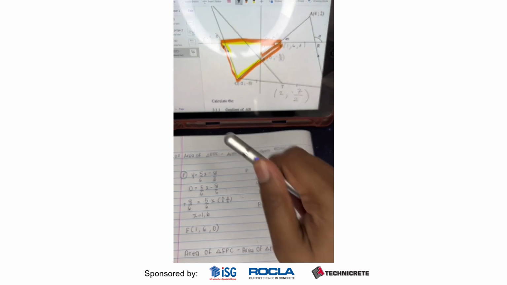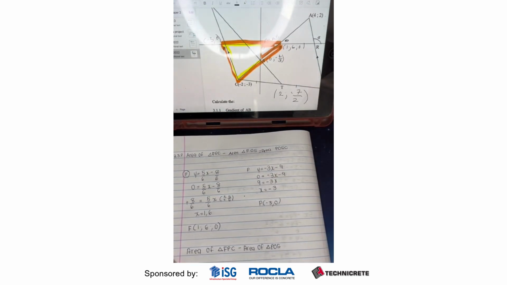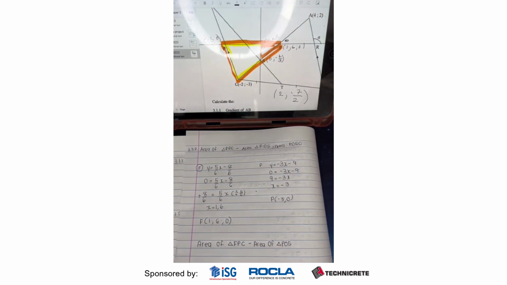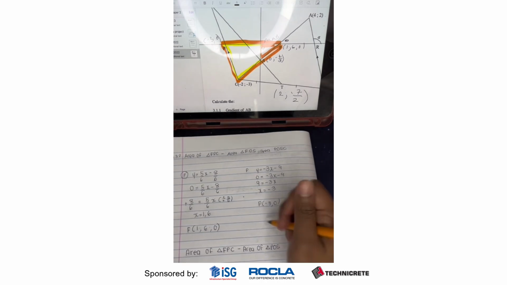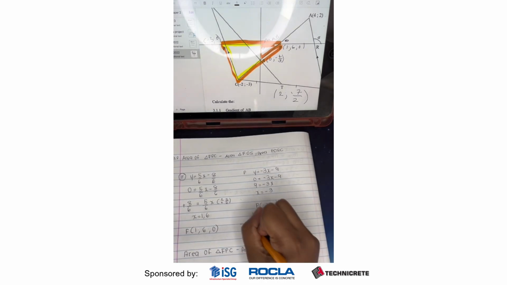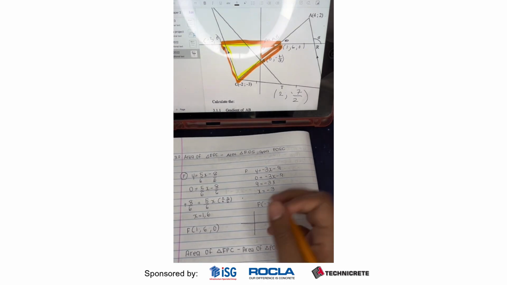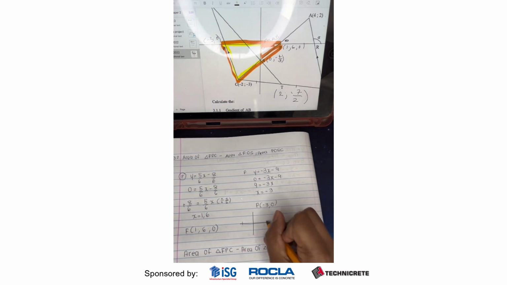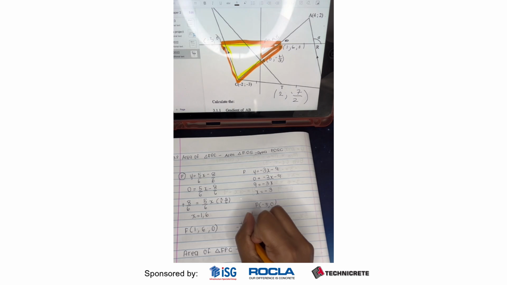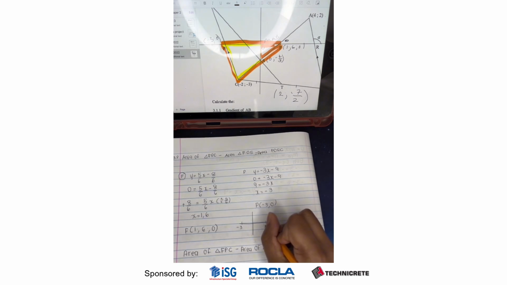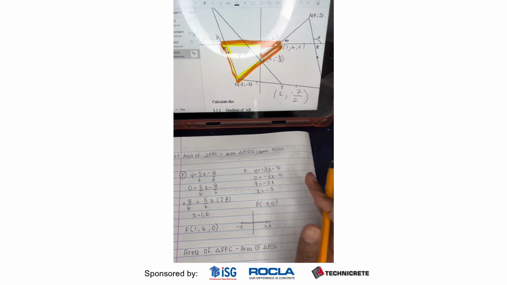Remember, I explained this in the June 2022 video, I think, where when you have an axis and you want to find the length along the x-axis, you add your x values. So here we have -3 and we've got 1.6. We're using units, so we're not going to take into account the signs.